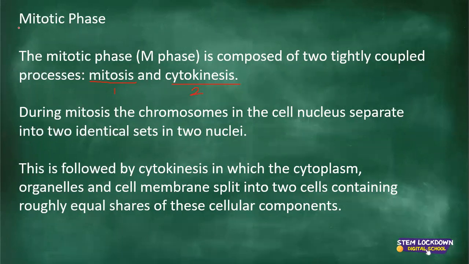Both of them are part of the mitotic phase. So we will learn all the various steps. There are about 4 steps under mitosis. Then there is cytokinesis. During mitosis, the chromosomes in the cell nucleus separate into two identical sets in two nuclei.